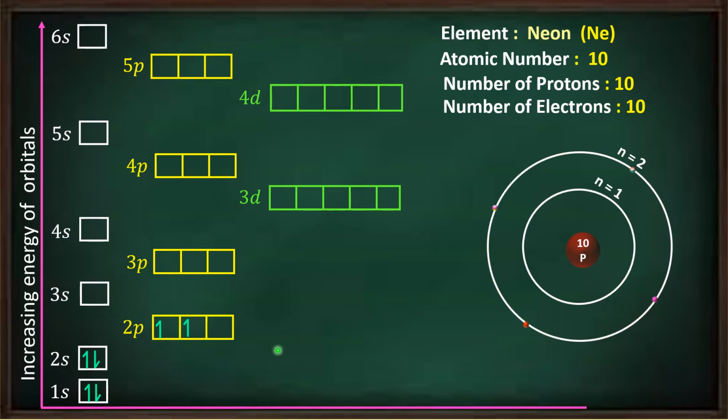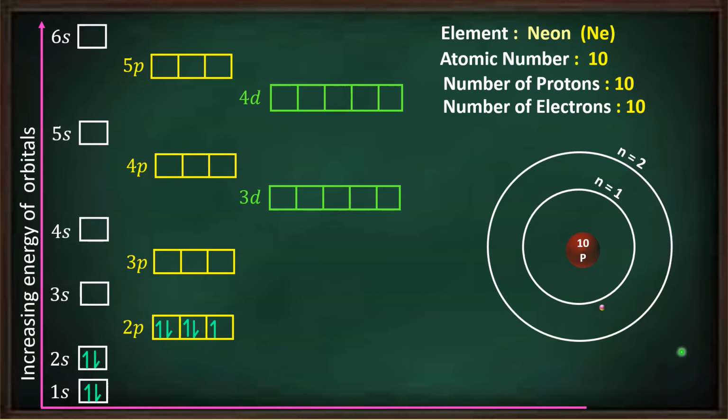So next, the seventh electron enters into this empty orbital. Next, eighth electron pairs up with this electron here, isn't it? Next, ninth electron pairs up with this electron.